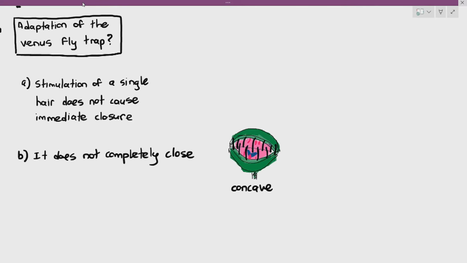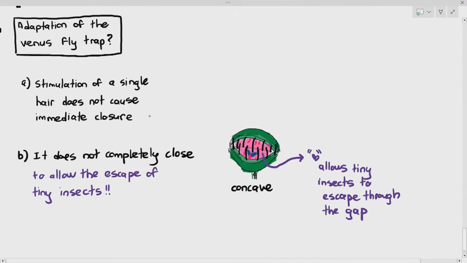Okay. Also, the reason why it doesn't close completely is because it wants to allow tiny little insects to escape. The reason why it wants to allow tiny little insects to escape is because it does not deem that these insects are worth digesting.